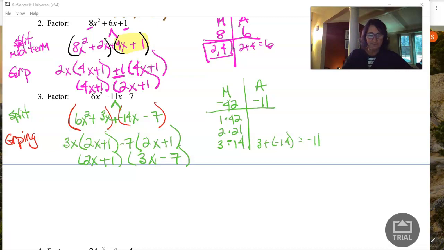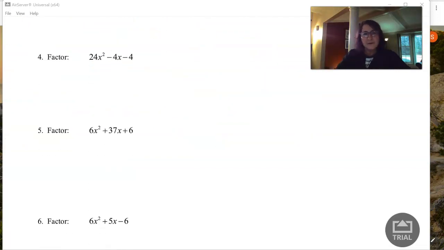Let's keep going. So number 4 is a little bit different. The 3 previous examples, we haven't had any greatest common factors, but this one we do. Notice that 24, 4, and 4 all share a common factor of 4. So here's what I'm going to do. I'm going to rewrite this as 4, and then I'm going to use square brackets.